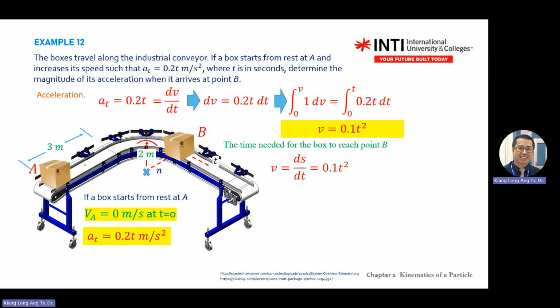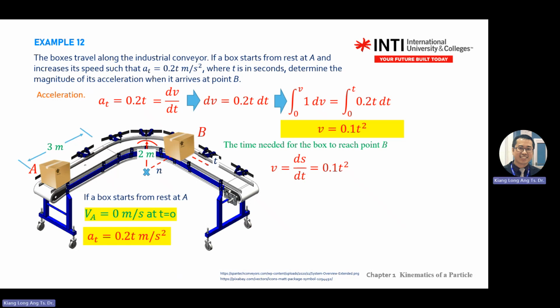From the previous step, you know your V is 1.1 t squared. What information do you have? You have the displacement, the distance. So pull your dt to the right-hand side. Again, you see d something equal to d something. Add the integration sign, then integrate, and you get one equation. Then go back to the diagram and substitute any value that you see in the diagram.